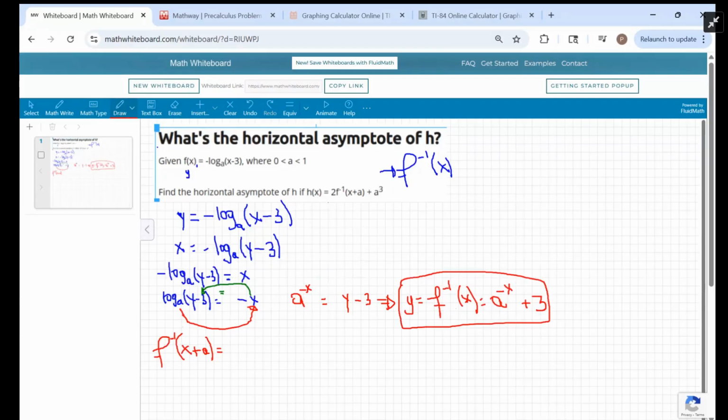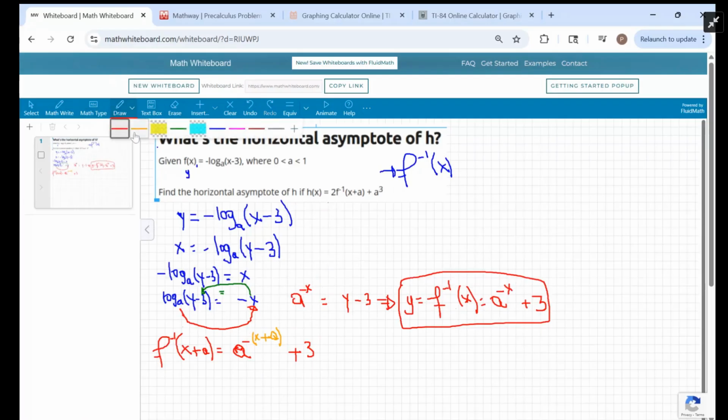So anywhere you had x in the original inverse function, you're going to replace it by whatever is in your parentheses. So here, we used to have x in the original inverse function, right? We're going to replace it by x plus a. And then there's still the plus 3 on the outside. The plus 3 is unchanged because the 3 was not tethered to any x. So it's just plus 3.